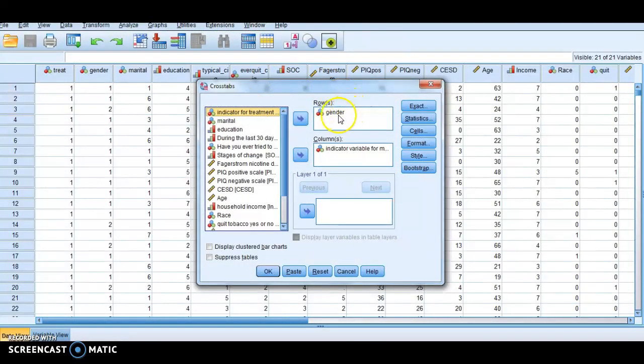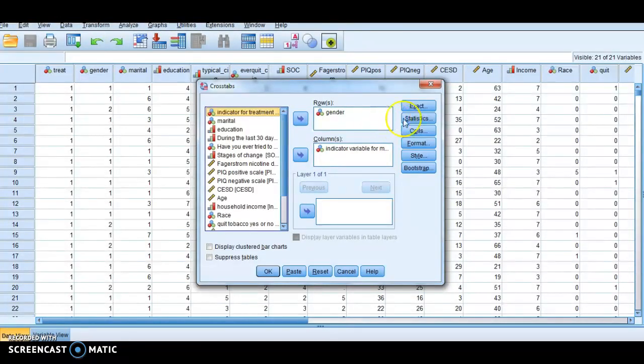So I already put in the row and column boxes the two variables I want to look at, and that's gender, and then the indicator variable, which takes a value of 1 if the participant is married and 0 if they're not married. So those are the two. I'm going to see if there's a relationship between gender and marital status using these two variables.